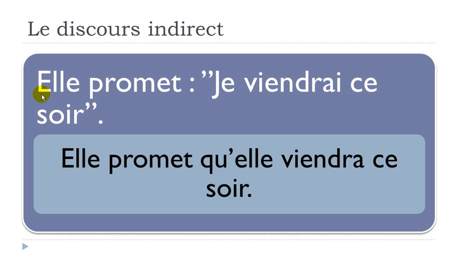So we've got here the subject and it's feminine, so it should be the third person of the feminine, qu'elle, okay? Here we've got the future form, je viendrai, so you should put the verb in the future form as well, but then for elle, it will be elle viendra, and then ce soir doesn't change. Okay? Elle promet qu'elle viendra ce soir.